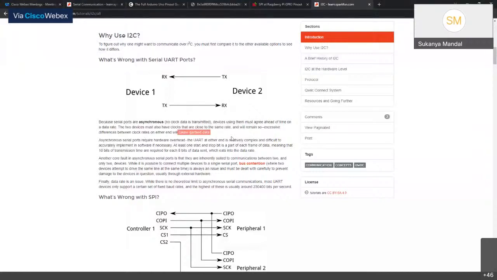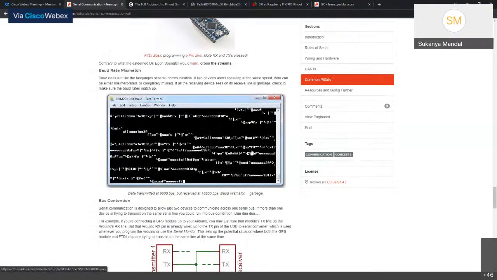So as I was saying, for UART, as it is asynchronous, there is no clock synchronization, and if it is not taken care of, you will see garbled data, like I showed you here, like these lines.